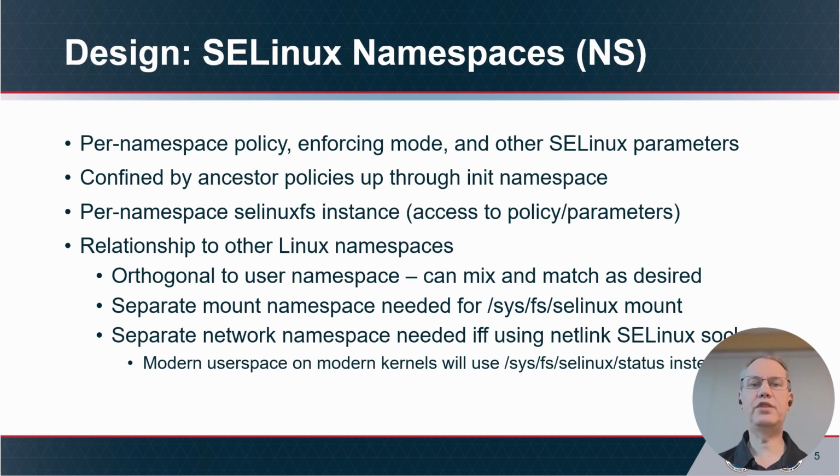While each namespace has its own independent policy and parameters to provide security, each namespace needs to be confined by the ancestor policies all the way up through and including the initial SELinux namespace, which would be the one controlled by the host operating system.